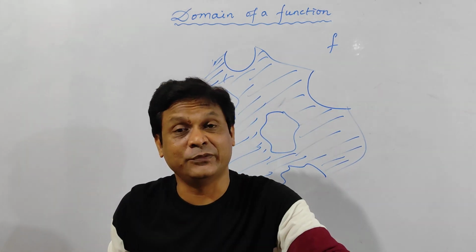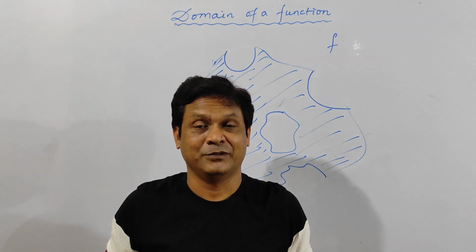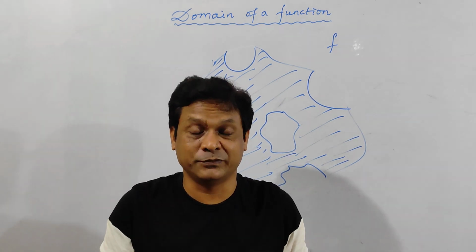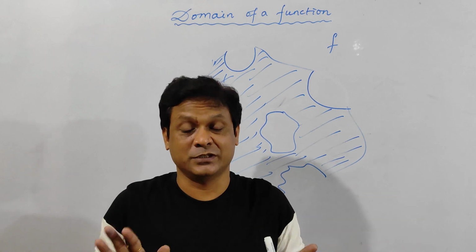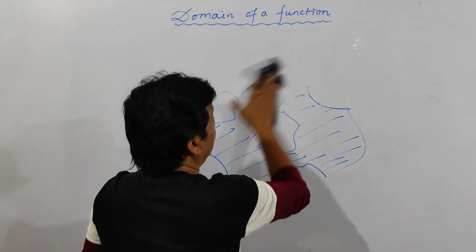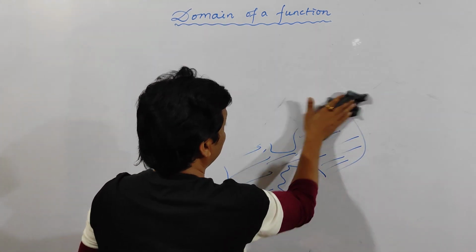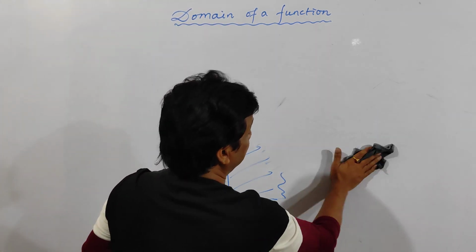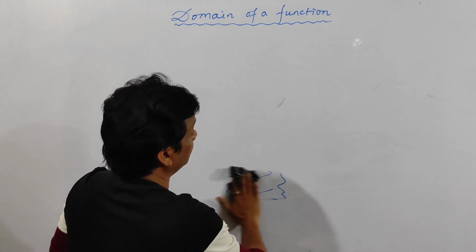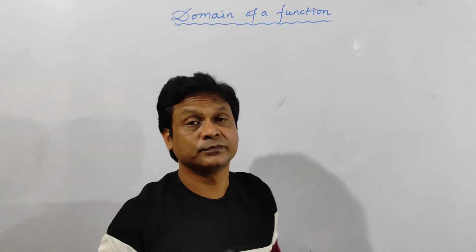You are well defined by them. Clear? So you have to find out the region in which the function is well defined. So before that, I have to tell you about inequality, how to solve inequality. Then only you can find it out.